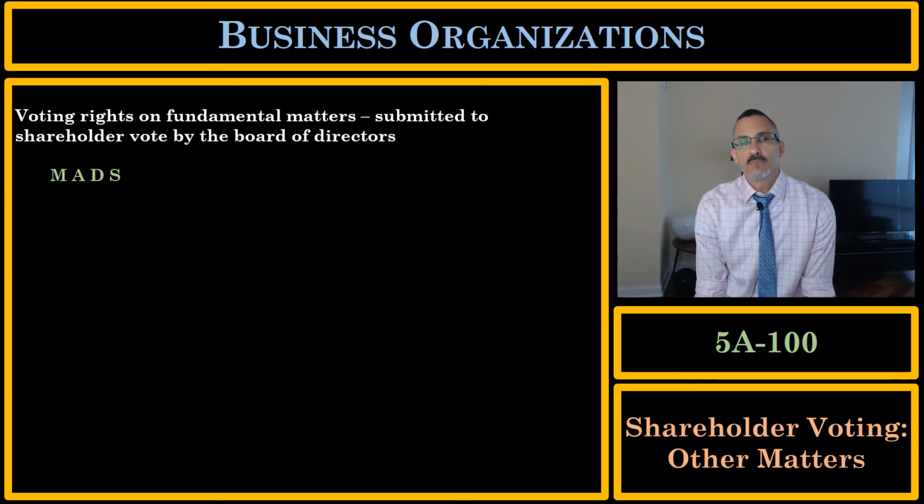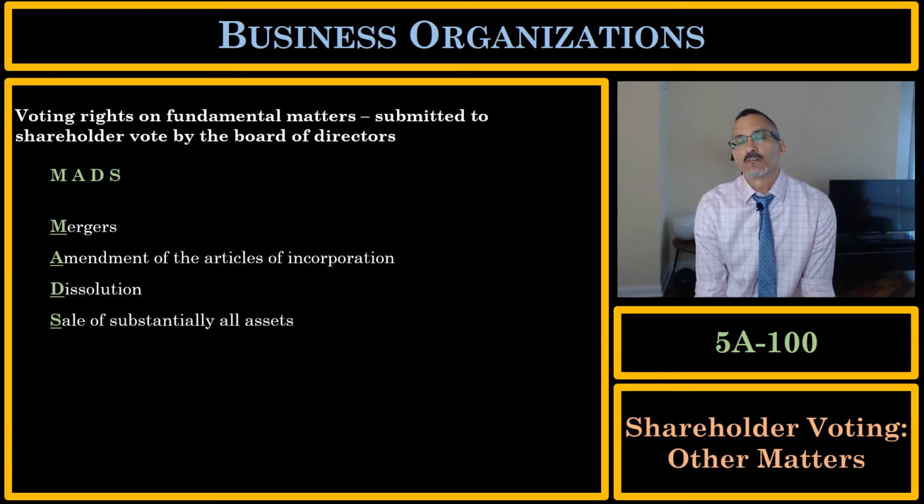In fact, most business decisions that the corporation makes will not be subject to shareholder vote, even what we might call big business decisions. Now, there are a few exceptions, and we'll call these fundamental matters. The mnemonic device that I have used is MADS. You can make up your own mnemonic device.